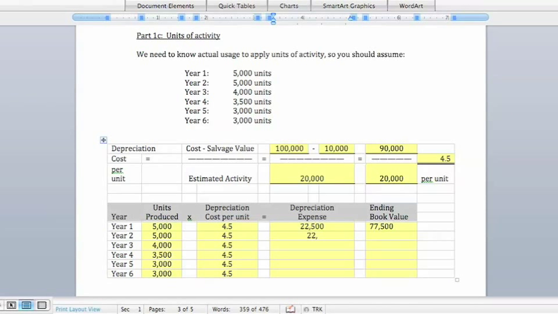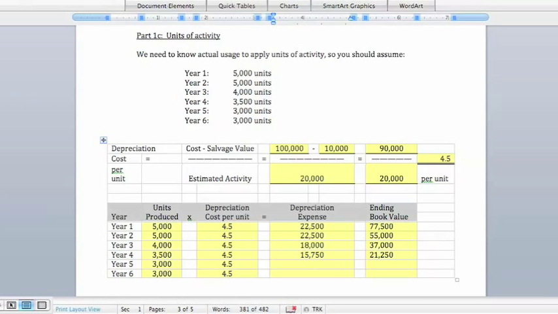We're going to get the same numbers for year 2 because our production was the same, and that brings our ending book value down to $55,000. We're going to do some math for year 3, calculate depreciation expense is $18,000, meaning that our ending book value is $37,000. In year 4, our calculation is that depreciation expense is $15,750 for an ending book value of $21,250.